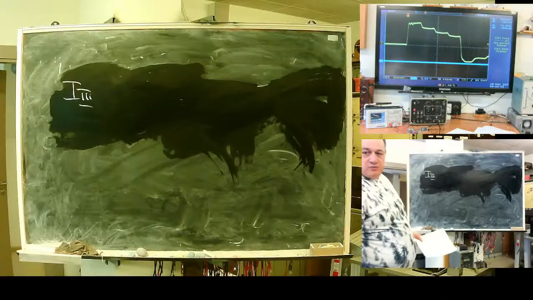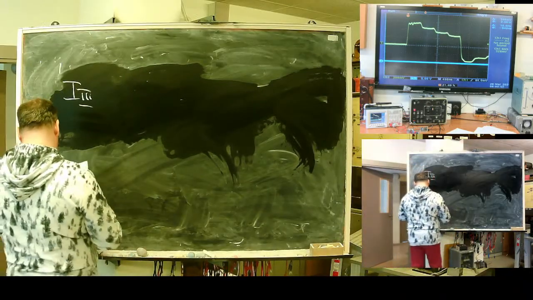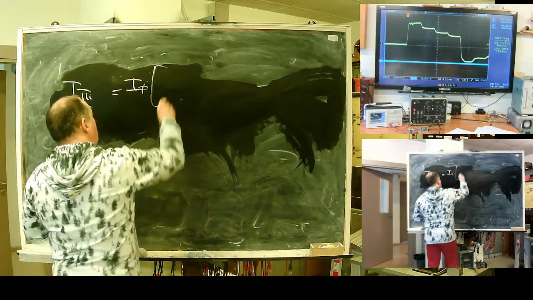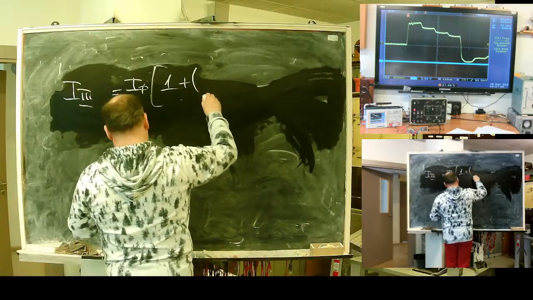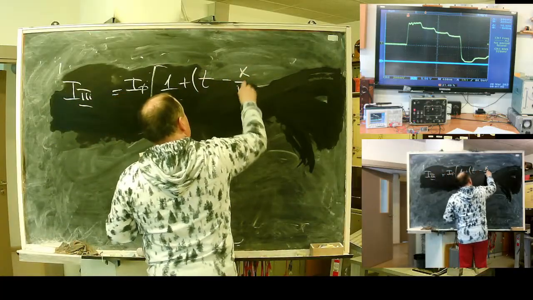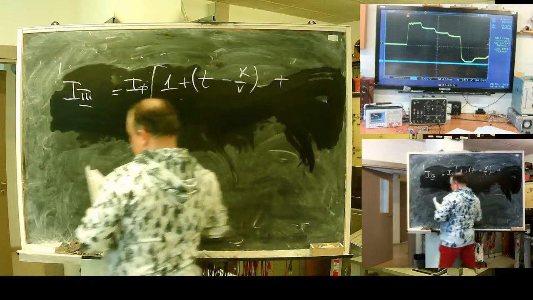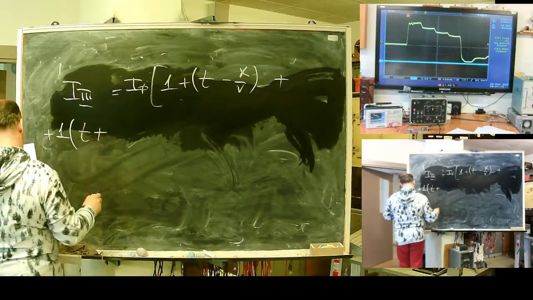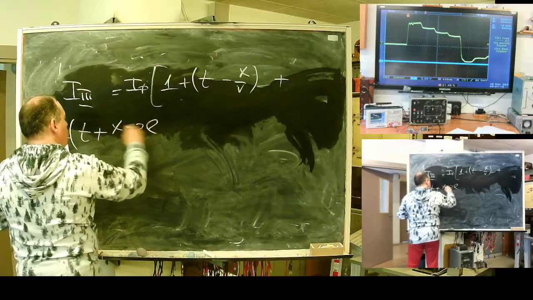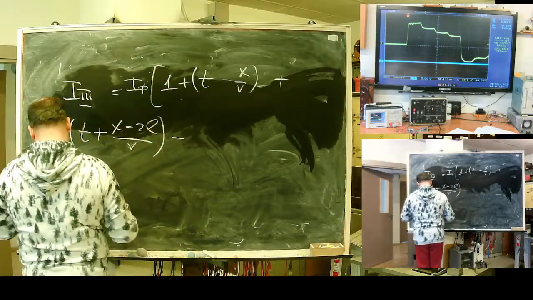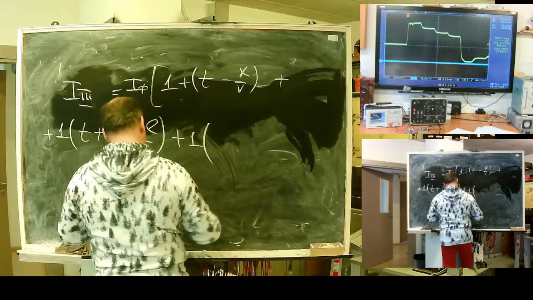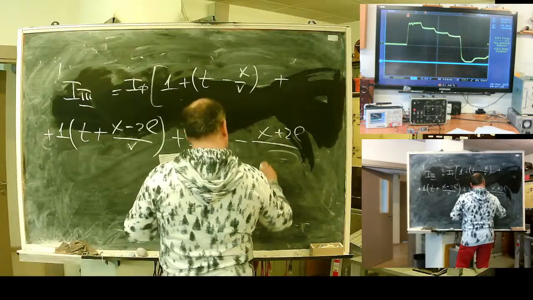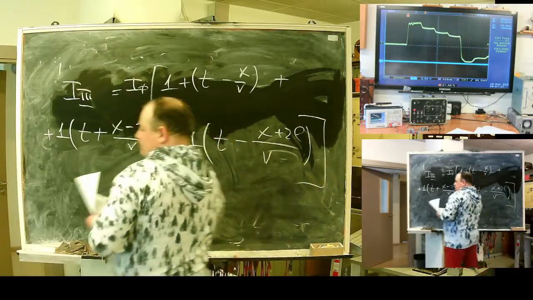And for the third I will see something like 0, 1 of t minus x divided by V plus 1 of t plus x minus double A divided by V plus 1 of t minus x plus double A divided by V. 1, 2, 3.